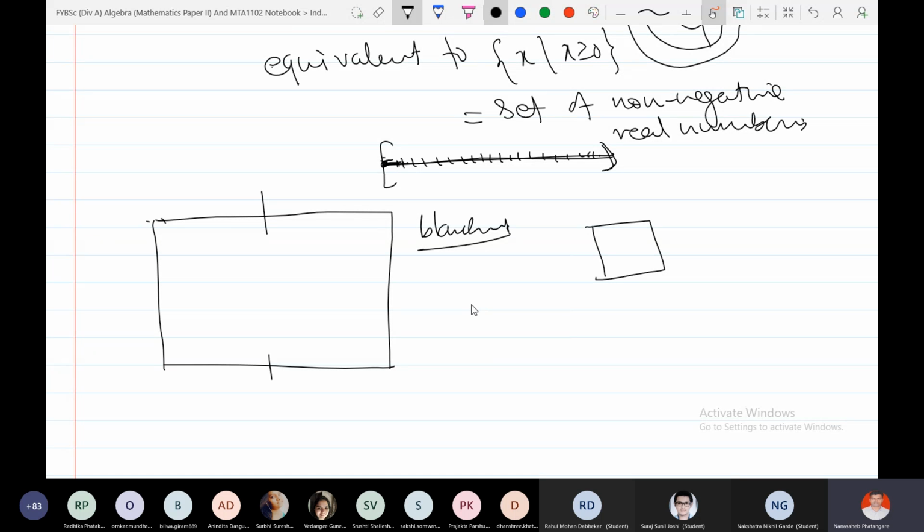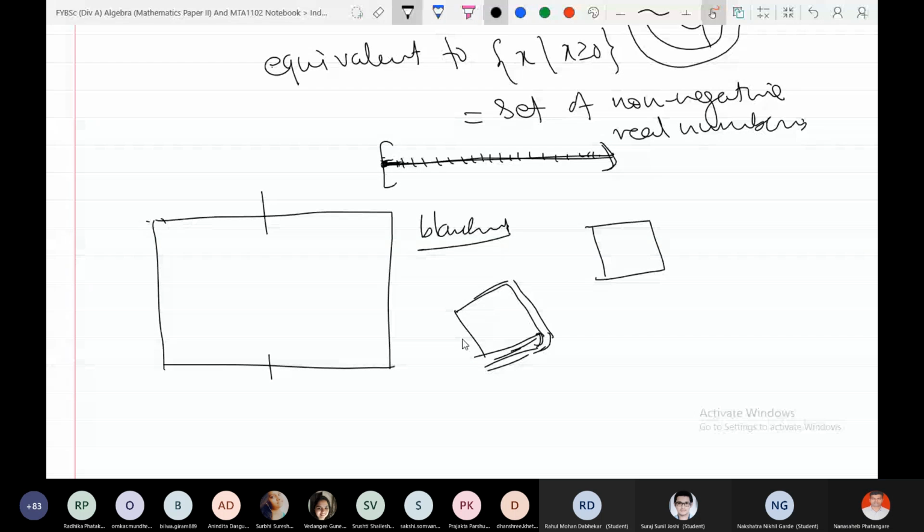I'm not sure how to draw the picture, but anyway, I will try. You fold the blanket like this so that your shape becomes smaller.